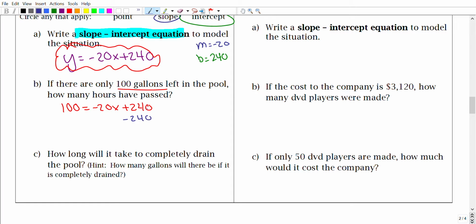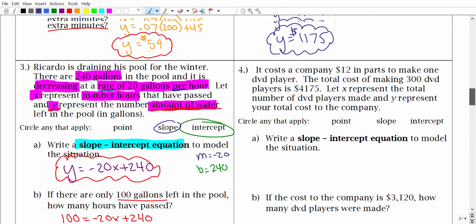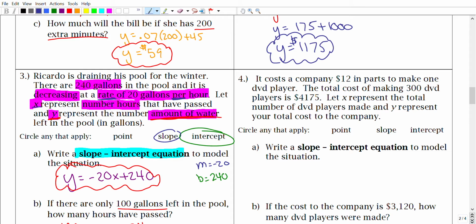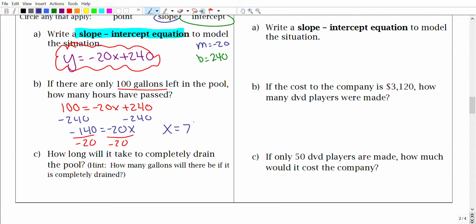Subtract 240 to both sides. I get negative 140 equals negative 20x. Divide both sides by negative 20, and I get x equals 7. But remember, 7 what? X represents the number of hours. So here, x equals 7 hours.